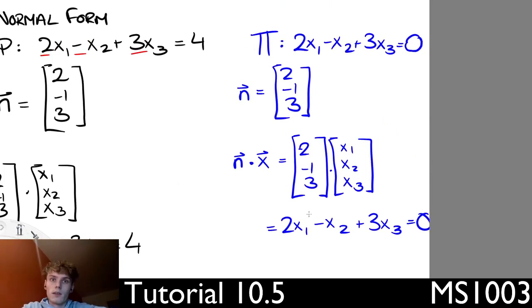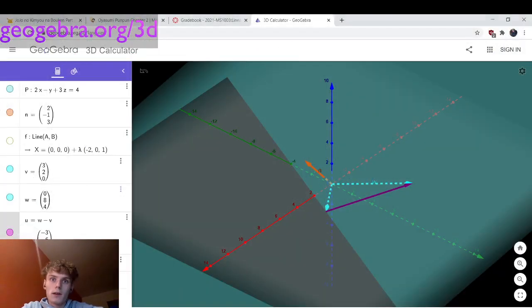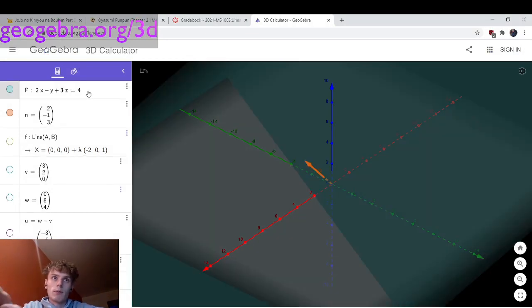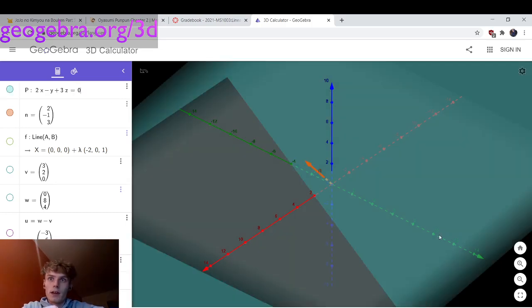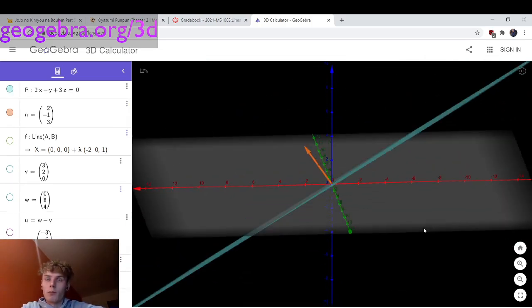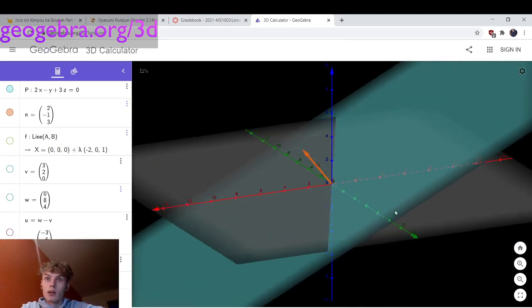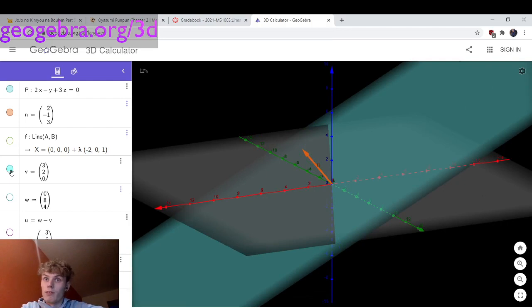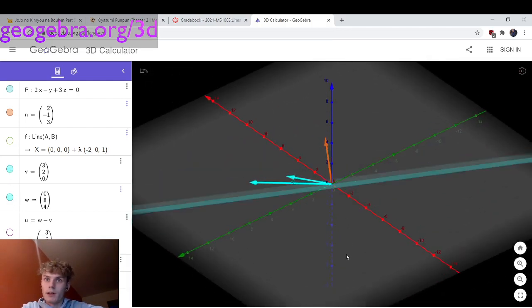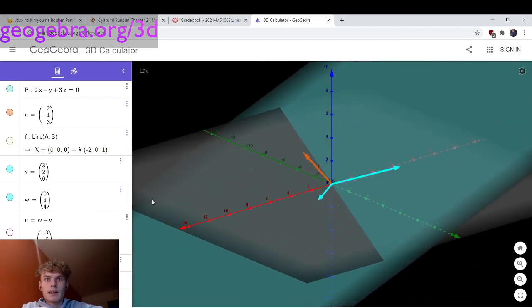Let's see that. So if I take my plane P here, I'm going to hide everything. Take my plane P, and instead of a 4 at the end there, I'm going to give it a 0. How does that change things? Well, now our plane has moved, and it's very clearly going through the origin. And so now, if I fill in v and w, we can see, actually, that doesn't work.